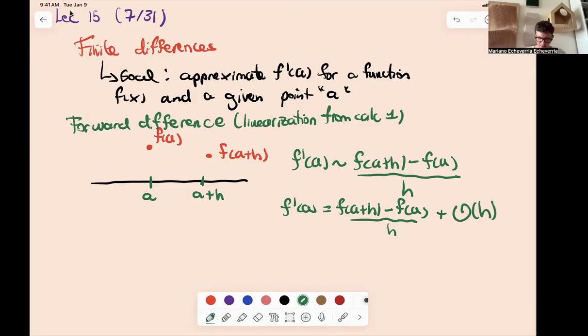What that means is that whatever the difference is between these two quantities, the dominant term depends on h. It would be something like h plus some other stuff, but h is the leading term. That's how you would think of that.